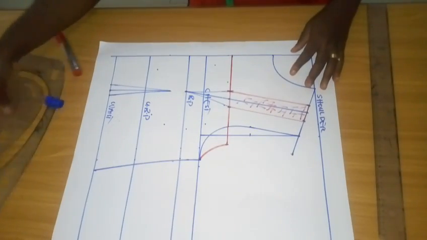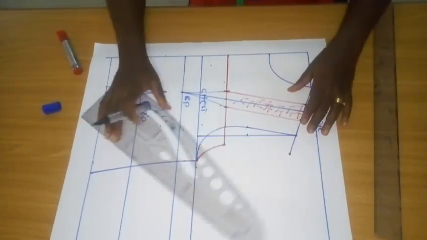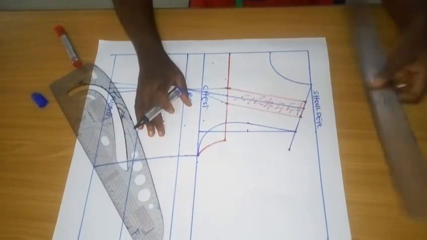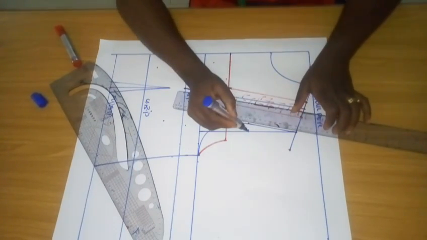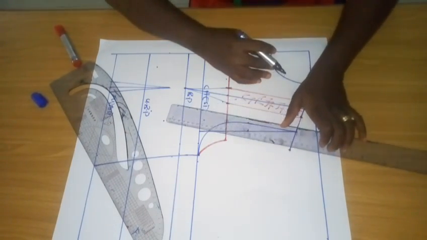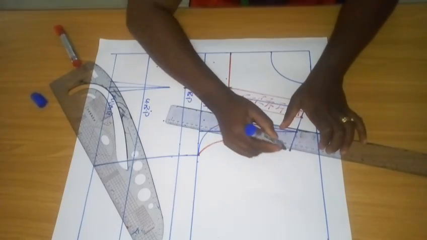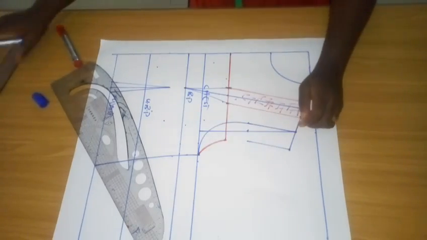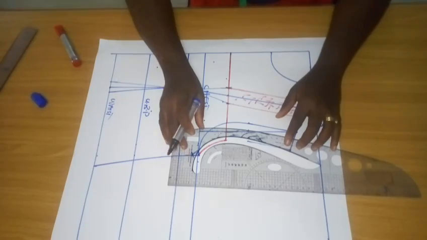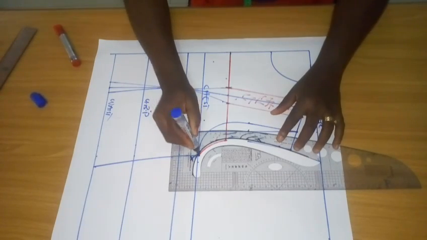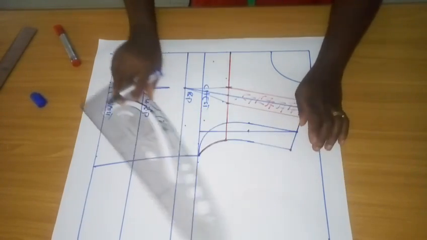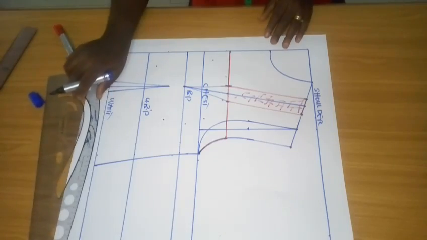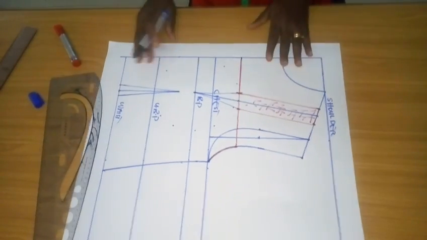So I'm going to continue my armhole. So I will take to the midpoint like this, as you can see, to this midpoint on a straight course. And then I'm going to blend what I have here into the armhole. Can you see? So that is it, and we are done with the upper part of this.